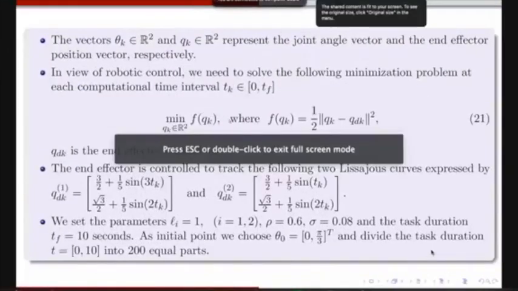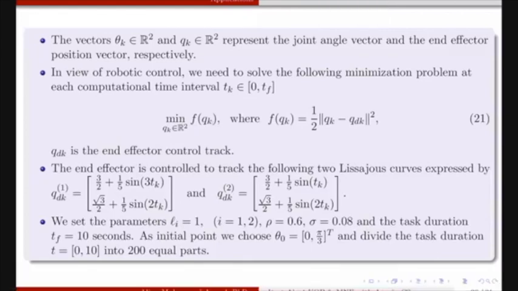All we need to do is solve this minimization problem. This is an unconstrained minimization problem, f of q, where of course our f of q is nothing but this least squares problem. We solve it at computational time interval tk. Tf here is called the final time, that is the duration of the task.